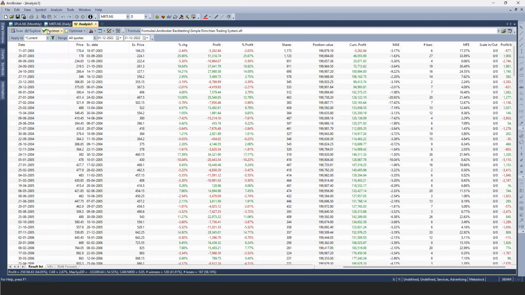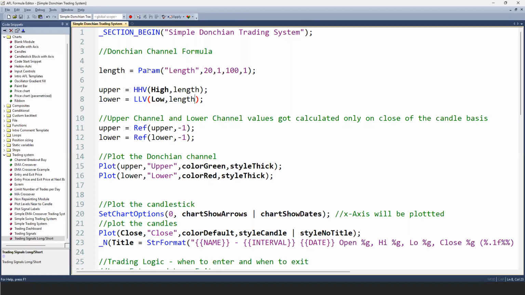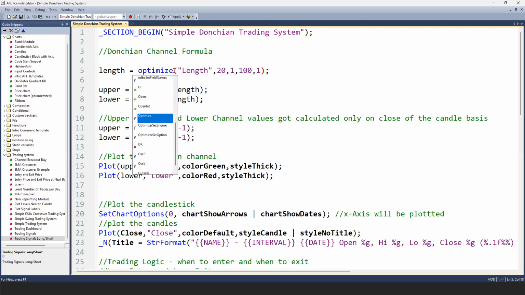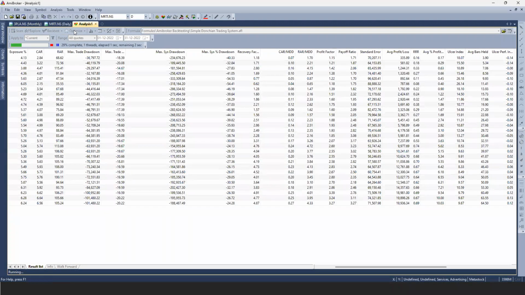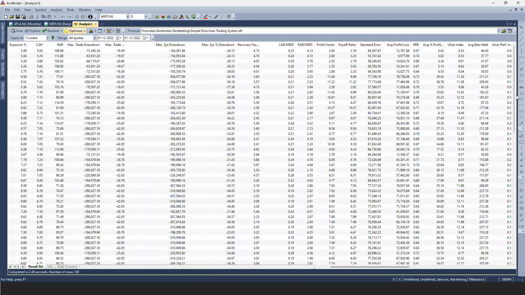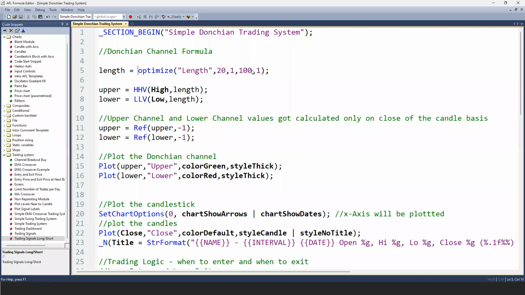But in Amibroker, there is a faster way to do that. You simply change the param, the input control, to optimize. Now you hit the optimize button. This will run the optimization for 1, 2, 3, 4, 5, all the way from 1 to 100. All the parameters it will try to backtest.